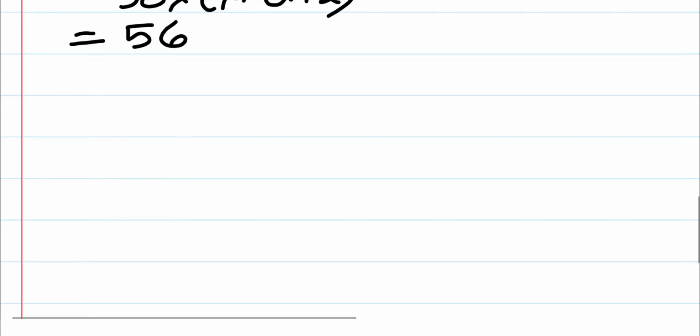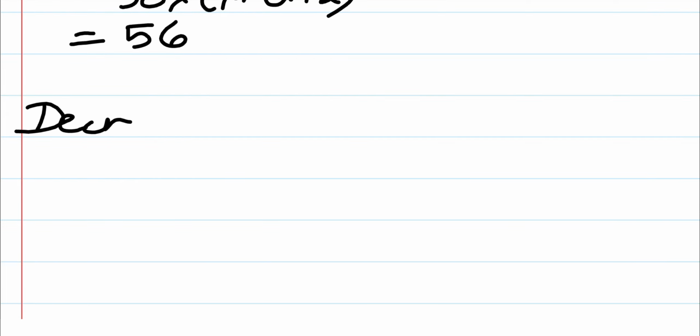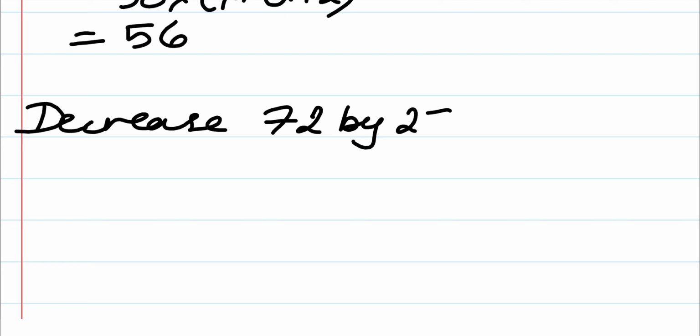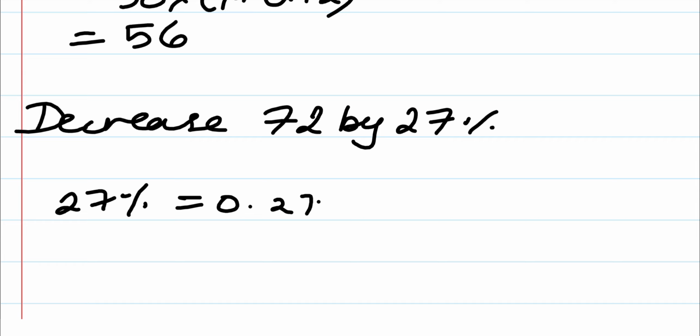Now let's take a look at a decrease problem. Suppose we want to decrease 72 by 27%. Again, we need to first start by converting 27% into a decimal, which is 0.27.